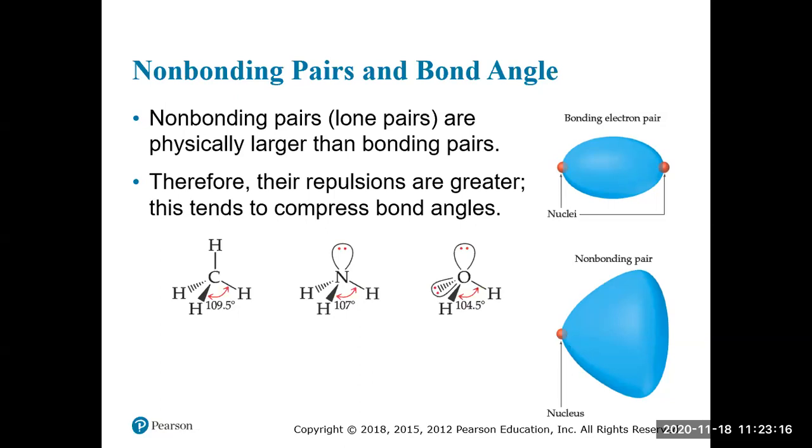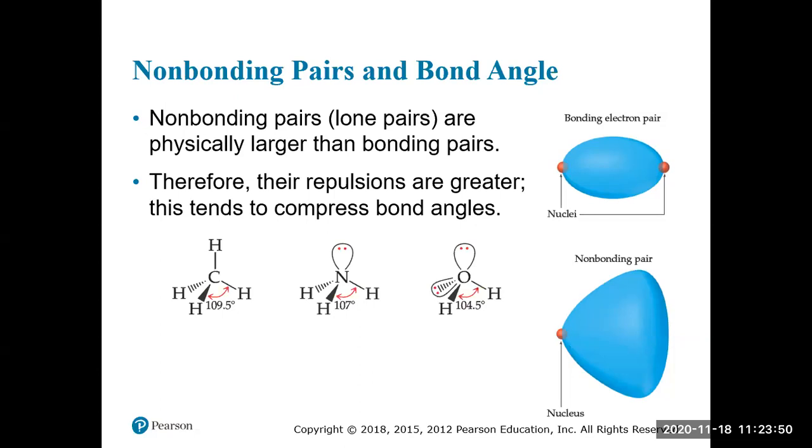And here we have an example of that, where if we look at methane on the left, we have all of them as bonding electron pairs, and we have a bond angle of 109.5. So all of those bond angles in that situation are going to be equal. We look at ammonia, NH3, the next one, and we can see the lone pair of electrons are kind of in that lobe on top there.